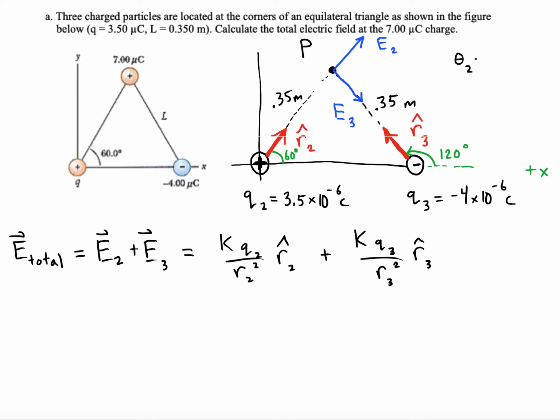That theta 2 is 60, theta 3 is 120, because we're going to need that. We're going to replace r hat with the formula r hat equals cosine theta i hat plus sine theta j hat.